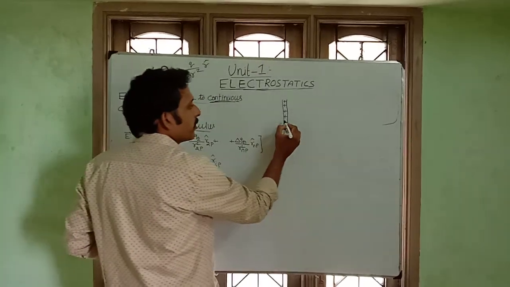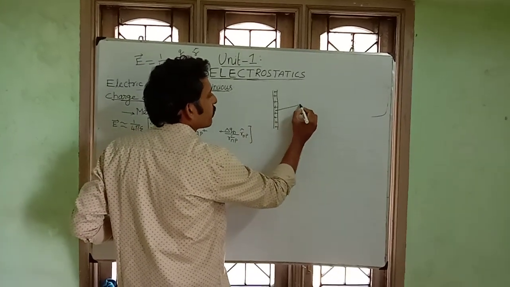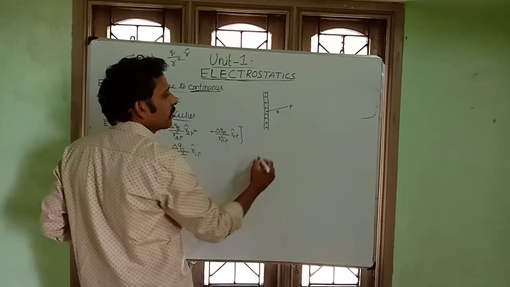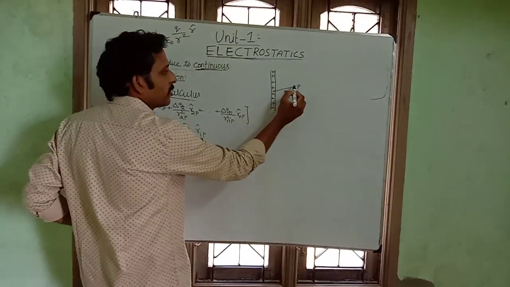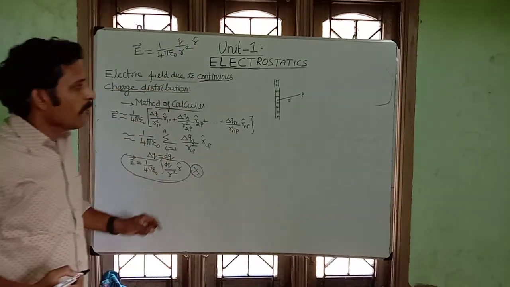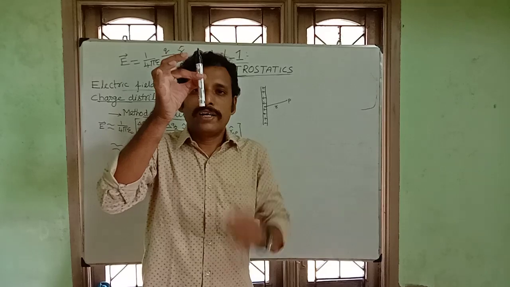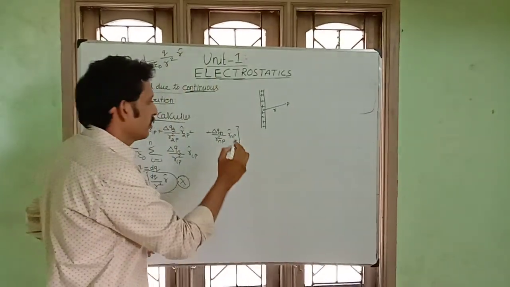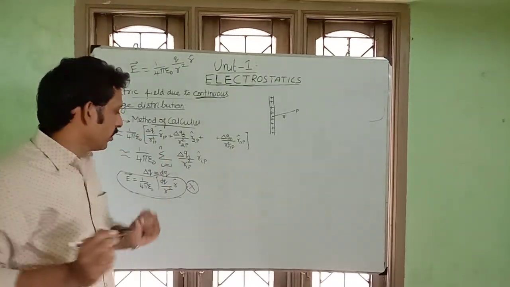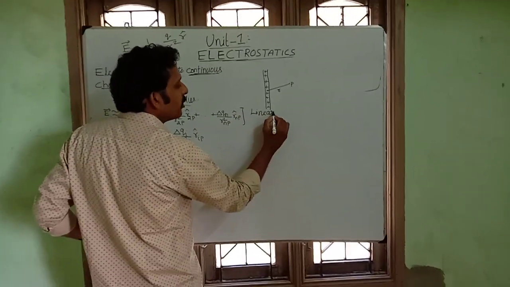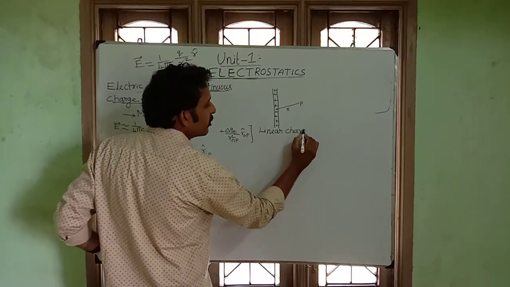Assume this is the point P, and R is the distance to it. When you consider the object as a straight, linear one, we have to use one term called linear charge density.